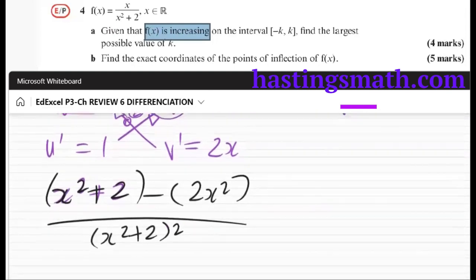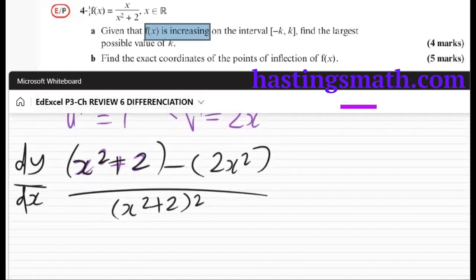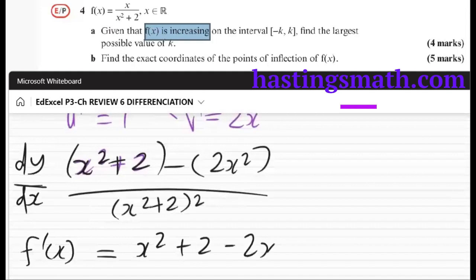Simplifying this a little bit, this is going to be our dy dx, or our f dash of x, depending. Always use whatever they give you. This one they used f of x, so it would actually be f dash of x. Whatever they give you in the question, you just use the same thing. Simplify this a bit quickly: x squared plus 2 minus 2x squared.